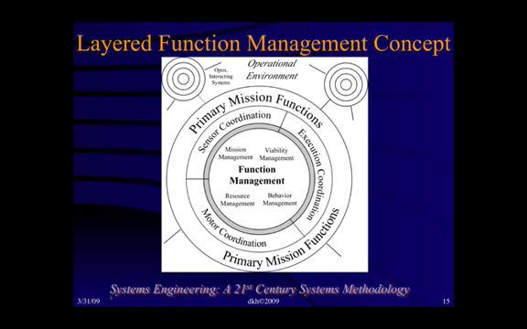So for example, if it's a human being we were talking about, primary mission function would be standing, walking, talking, running, whatever. In order for those to work there would need to be sensor coordination, motor coordination and execution coordination, presuming that we were doing something like going from a sitting position, crossing the street and going to the pub on the other side of the road. That would require execution coordination.